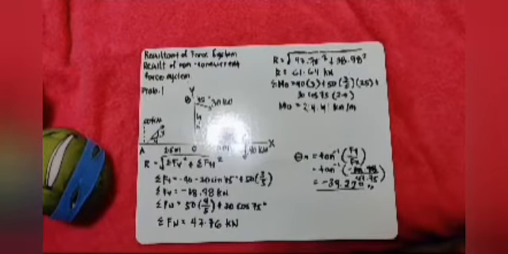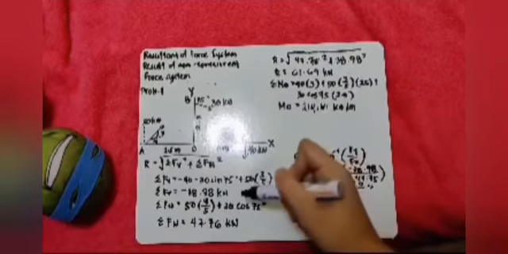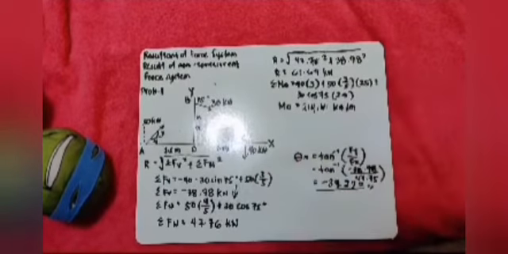So, summation of F vertical is equals to negative 40 minus 30 sine 75 plus 50 times 3/5. So, summation of force vertical is equals to negative 38.98 kilonewton. So, ano siya? Negative. So, pag negative, means downward.